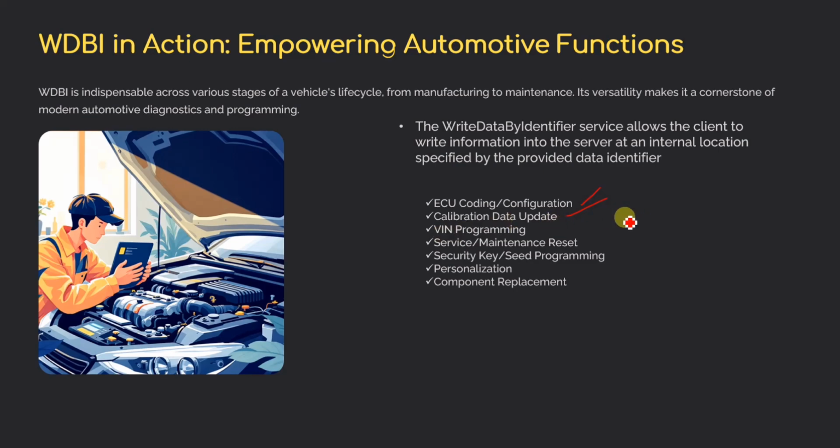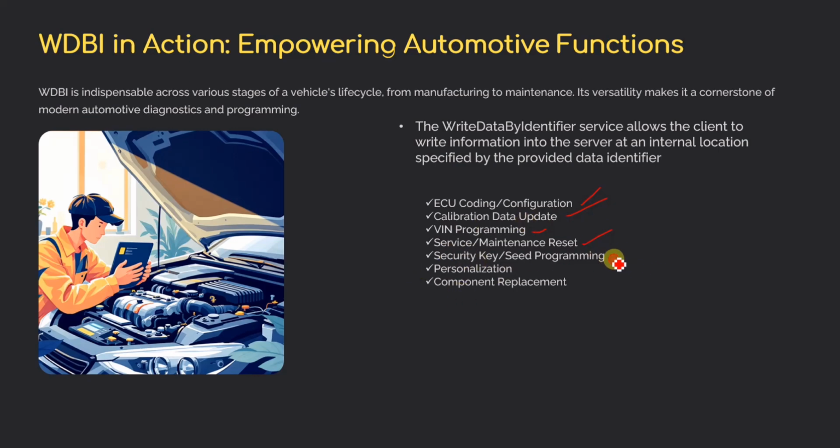Next, VIN programming: write or update the vehicle identification number in the ECU, if it supports that. Service and maintenance reset: resetting the service indicators, maintenance counters, or adaptation values after repairs. All that we can do from service 2E.